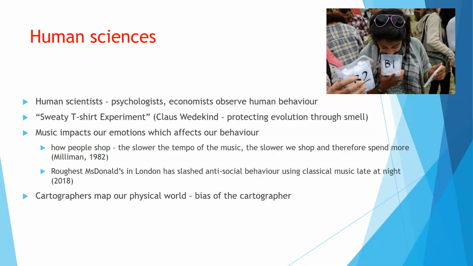One of the things we'd probably see is the bias of that cartographer. Someone who's Australian will probably want to map Australia, for example, or someone with an interest in marine biology may decide to map Antarctica, just as an example.